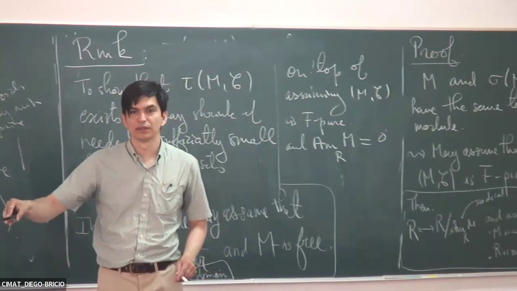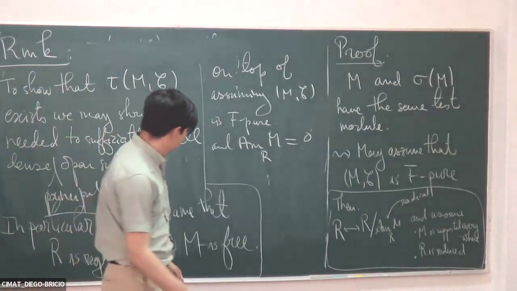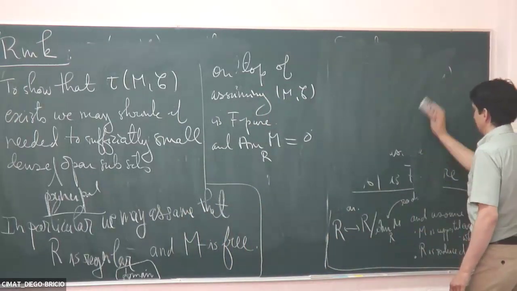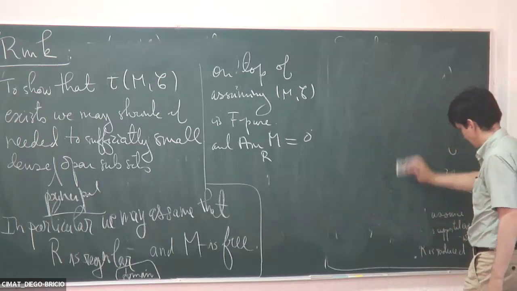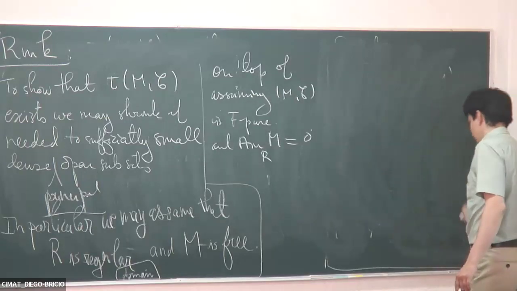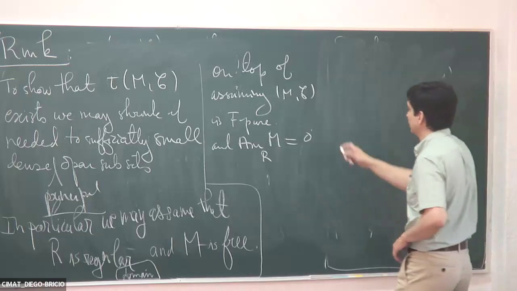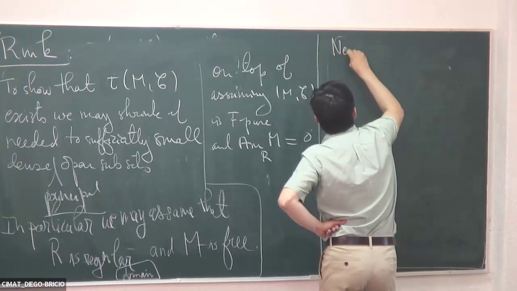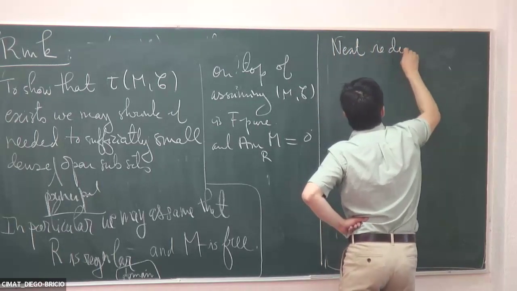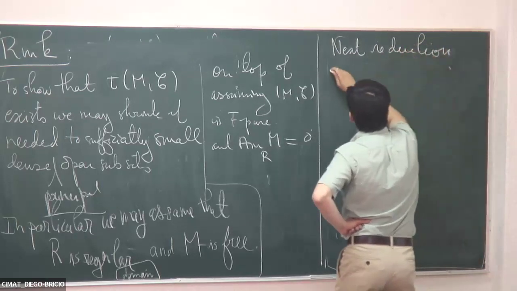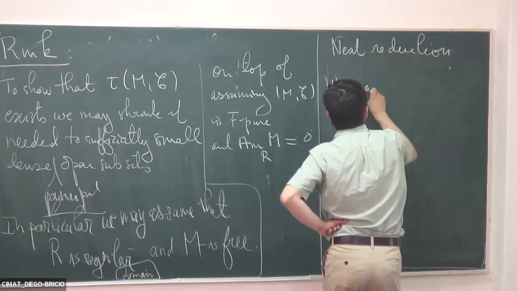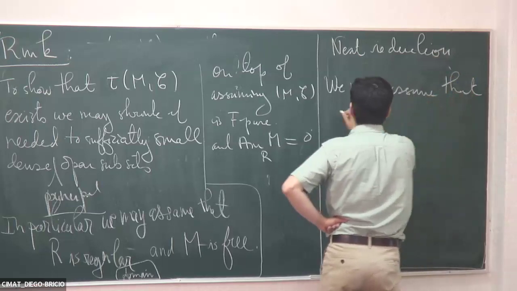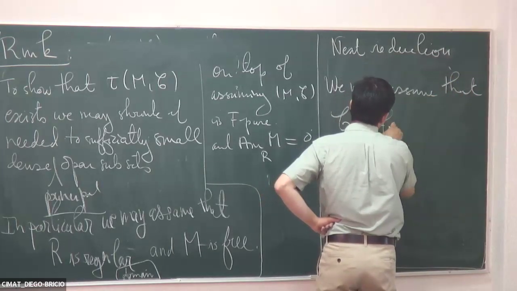Any questions so far? Next reduction, we may assume that C is finitely generated.